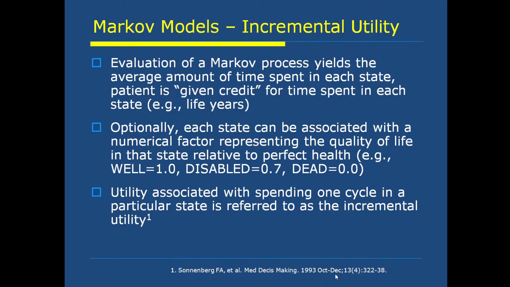For example, well equals 1, disabled equals 0.7, dead equals 0. The utility associated with spending one cycle in a particular state is referred to as the incremental utility.